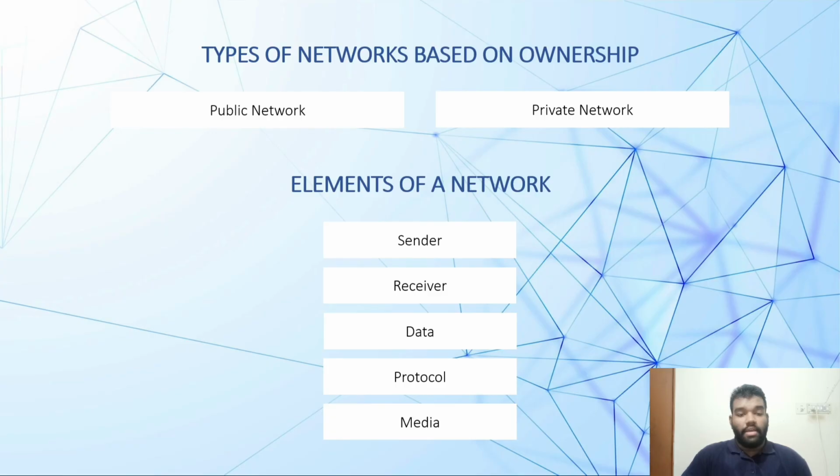There are 5 elements of a network. These elements are the sender, receiver, data, protocol, and media. Sender is the one who sends data into a network. The one who receives data from a network is the receiver.